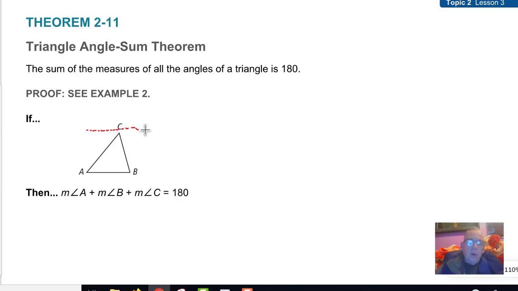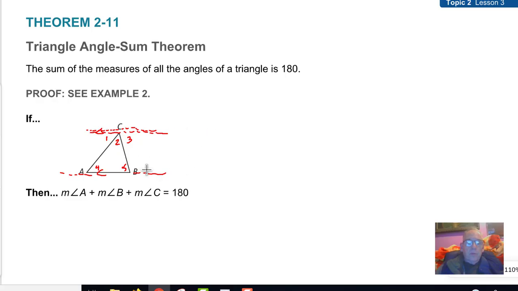Let's construct a parallel line through C. And this line is going to be parallel to the line that goes through AB. And we have parallel lines now cut by a transversal. So let's number these angles 1, 2, and 3, and 4, and 5, and see what we can do with this.